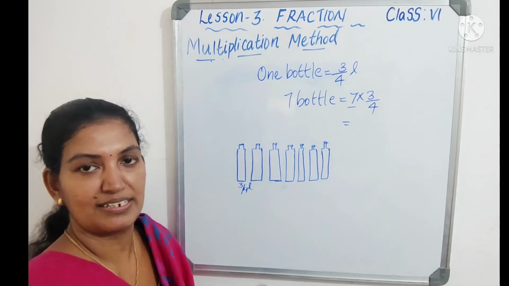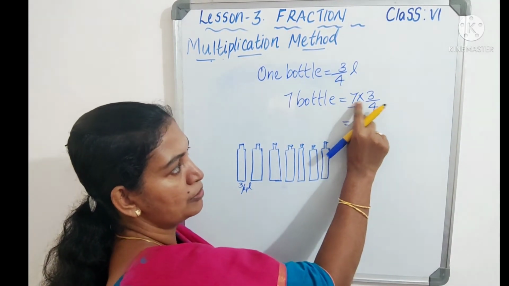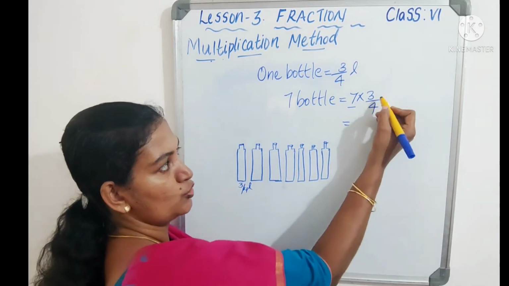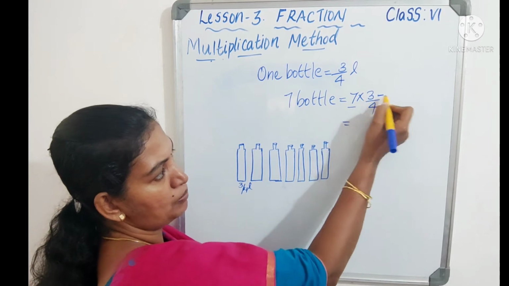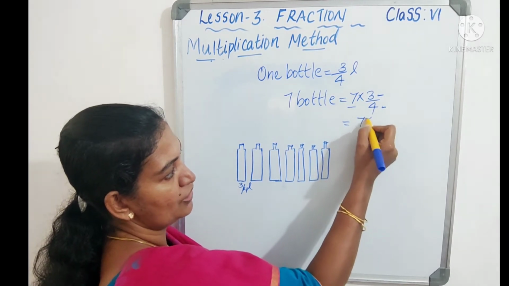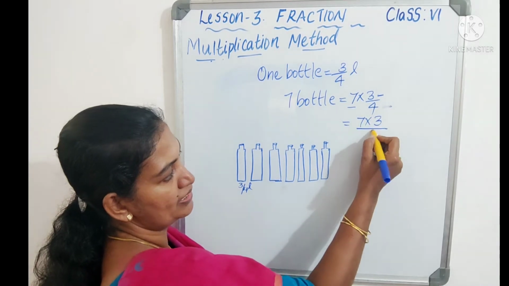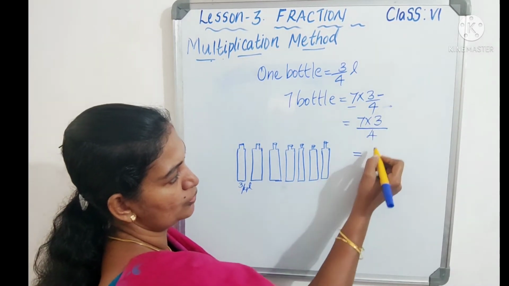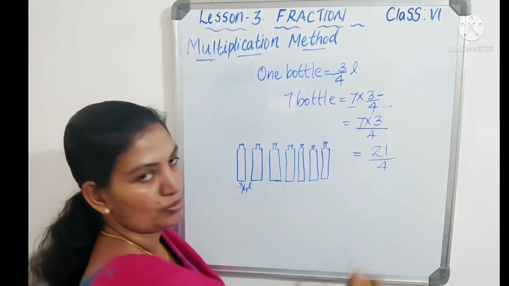In the last classes we studied: multiply the numerators. So 7 into 3, divided by the same denominator, 4. 7 3s are 21, divided by 4.